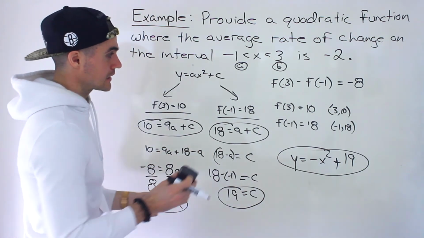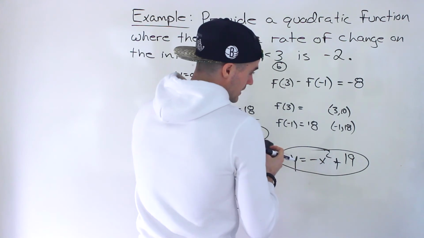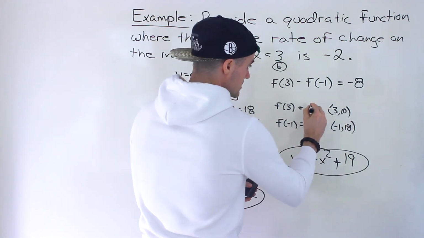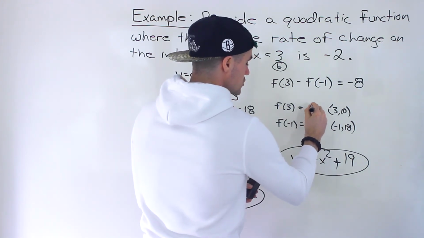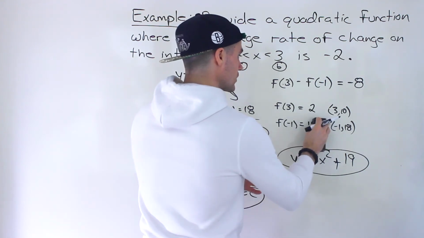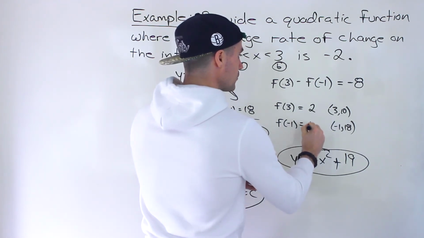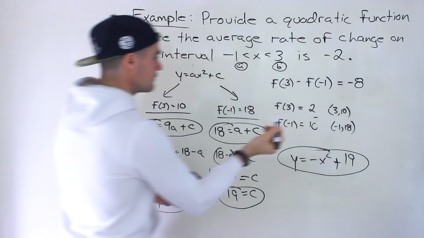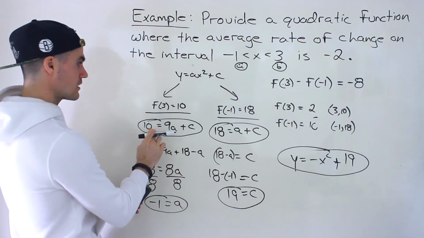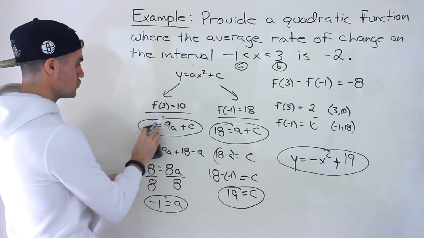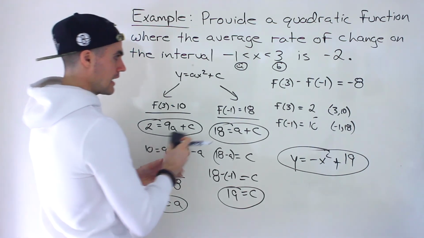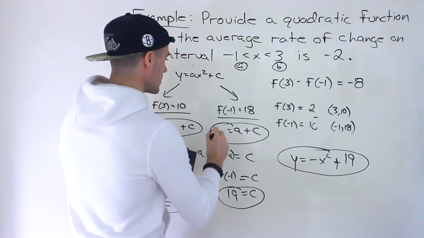So let's say we picked, like, what did I say before? Like, let's say I picked 2 over here and then 10 over here, right? That would work. 2 minus 10 gives us negative 8. So then this here would be 2, and then this here would be 10.